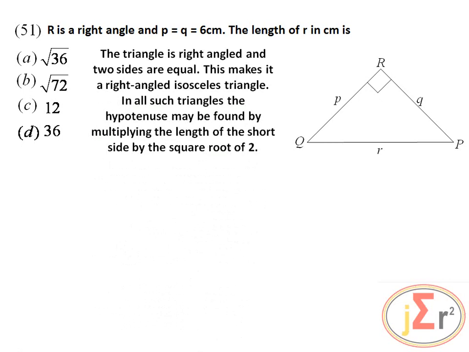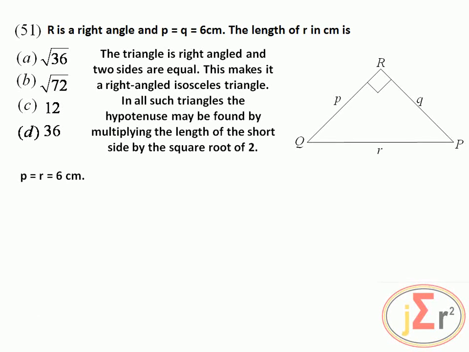This makes it a right-angled isosceles triangle. In all such triangles, the hypotenuse may be found by multiplying the length of the short side by the square root of 2. If we have a right-angled isosceles triangle, the hypotenuse may be found by multiplying the length of one of the short sides by the square root of 2.